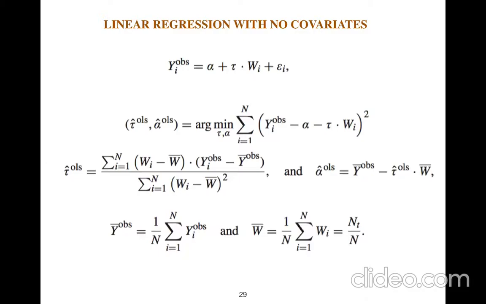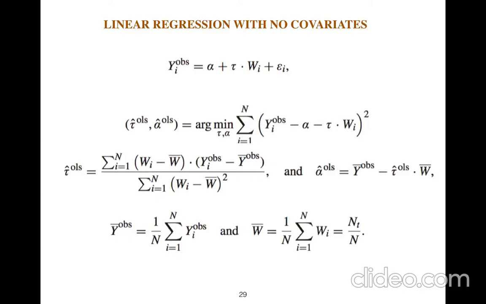So we create a linear regression between potential outcomes that we have observed to the assignment variable, which is W. And for example, if your x-axis is assignment, you increase the assignment, and you see the effect of that on potential outcome.